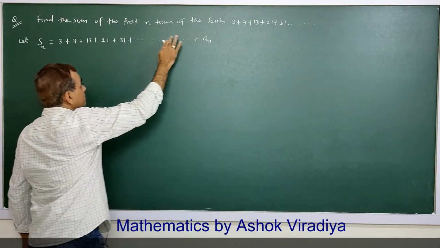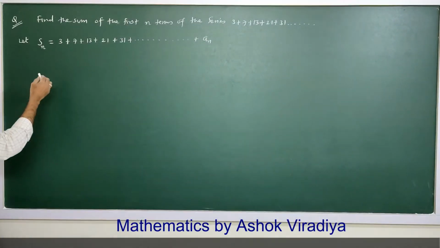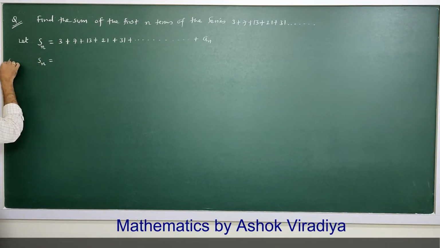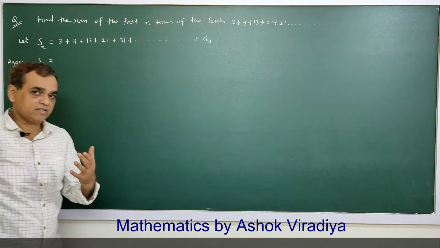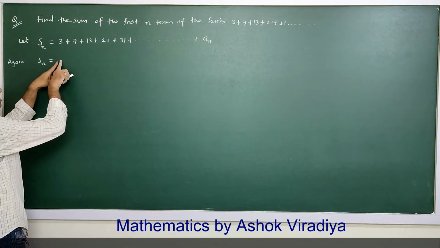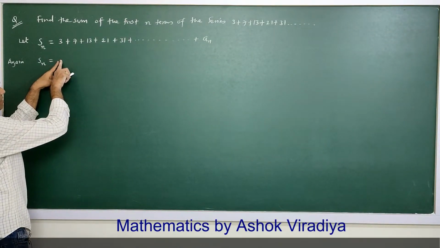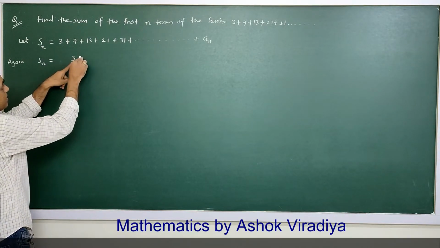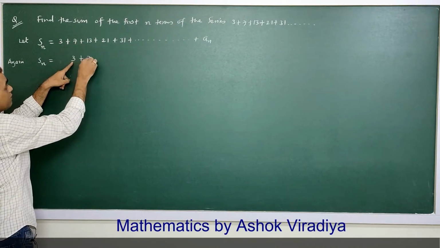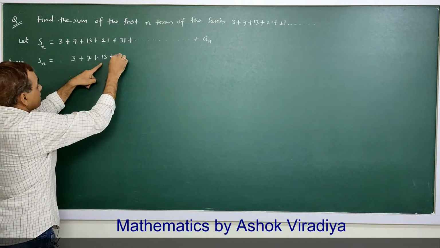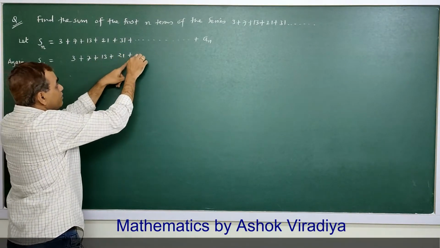And now this line, once again I am repeating, but repeating with a trick. What we do, Sn equal to, keep the first place blank, first term 3, keep below 7, 3 plus 7 put here, 7 plus 13 put here, 13 plus 21 put here, 31.